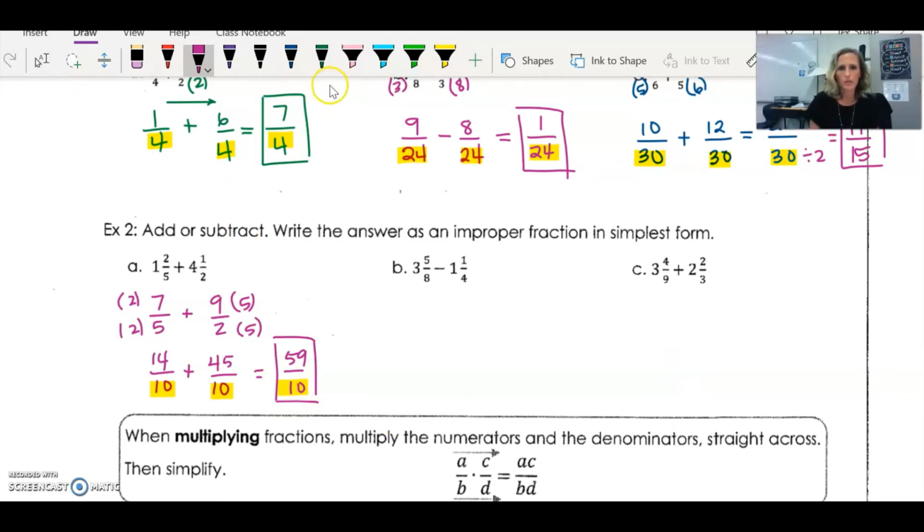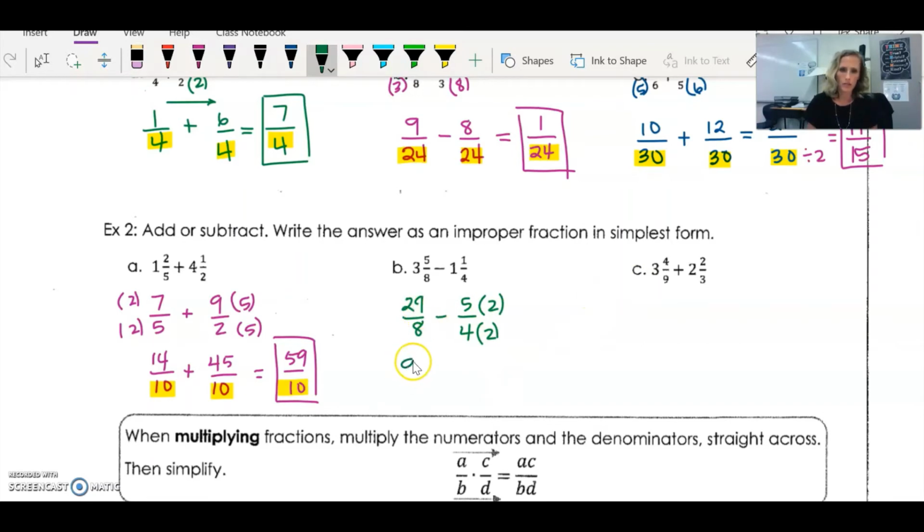Next, we'll do the same thing here, but with subtraction. 3 times 8 is 24. 24 plus 5 is 29. So that gives us 29/8. And then here, 1 times 4 is 4, plus 1 is 5. So we've got 5/4. I can multiply 4 times 2 to get 8, so I only have to multiply the second fraction in this problem.